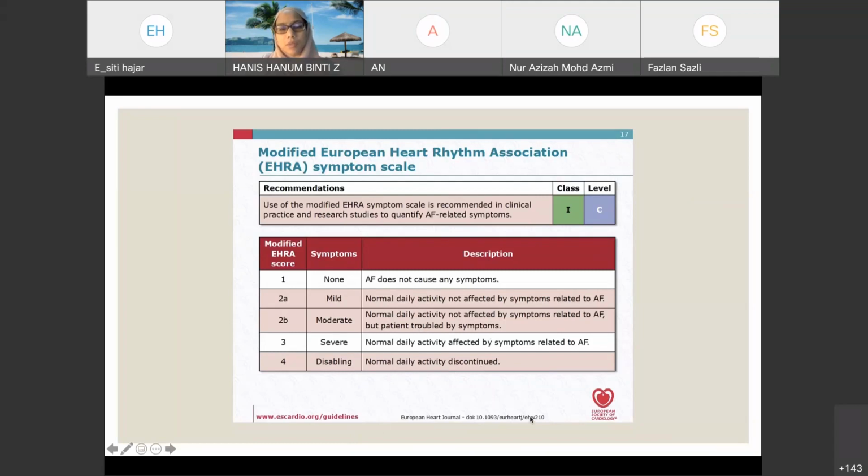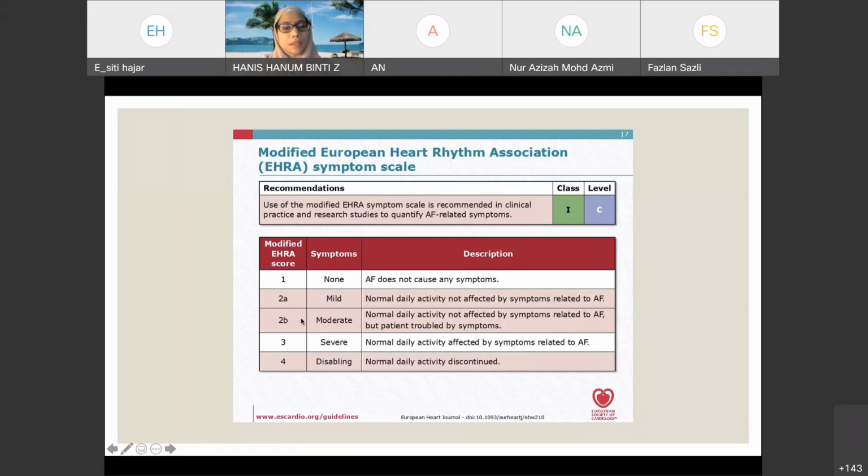Now, to be honest, when I was dealing with AF patients, the majority of the patients are in EHRA score 1, or even there are some in the mild category. Jarang kita, I don't know lah, from my experience dealing with AF patients, not many patients are affected by the symptoms.